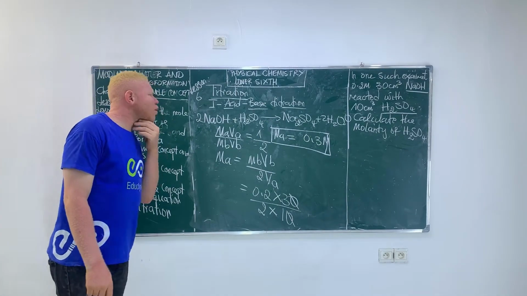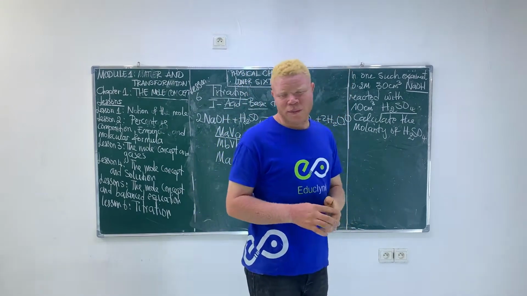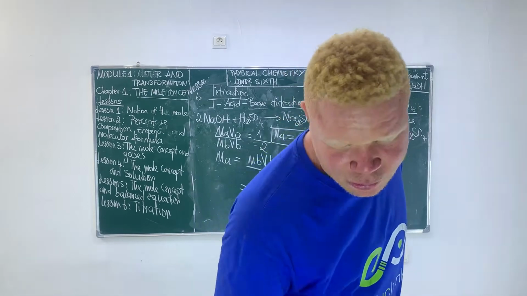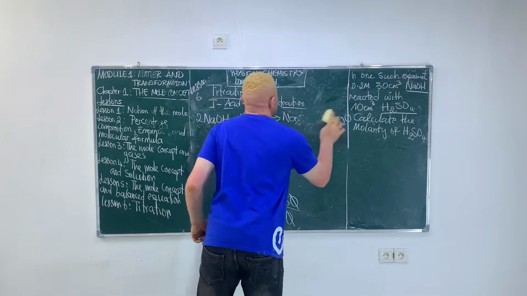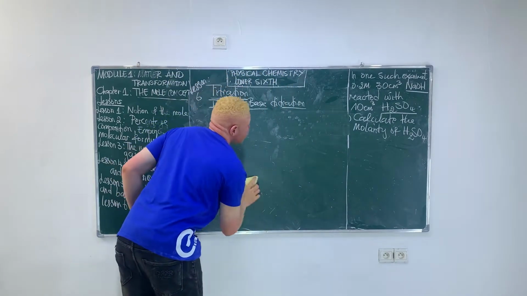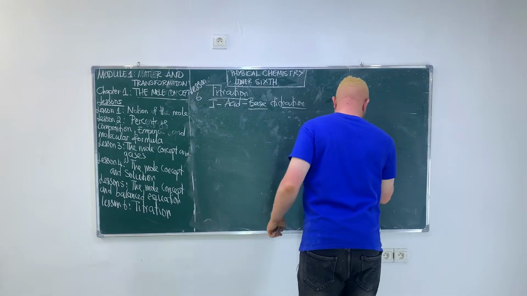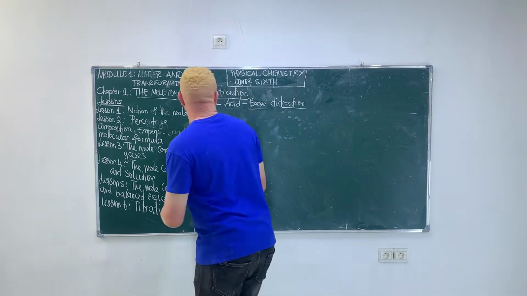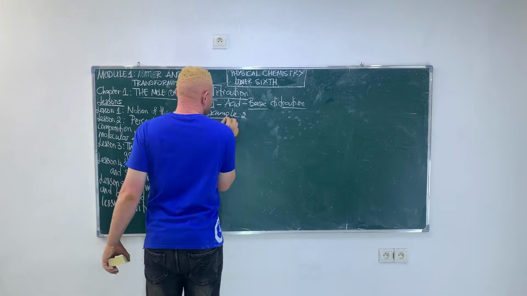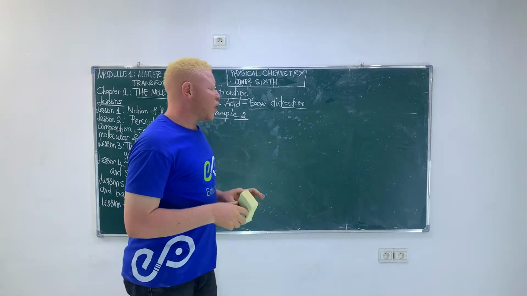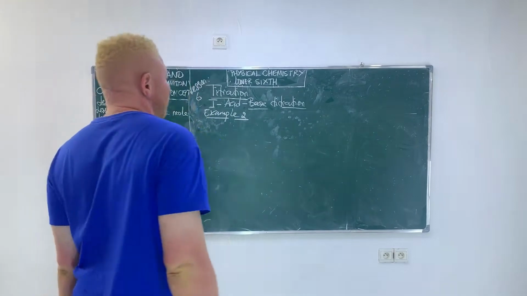Now let's take another example, example 2, of an acid-base titration. In this case, we are going to take the reaction of a carbonate.